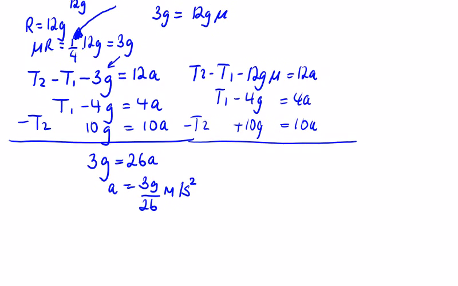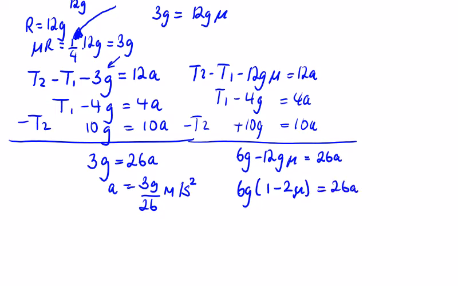So we're going to have 6g minus 12g mu is equal to 14 and 12, 26a. So I can factor out 6g out of the left here. Will that help me? Not sure. 6g times 1 minus 2 mu. Well, there we have that is equal to 26a.